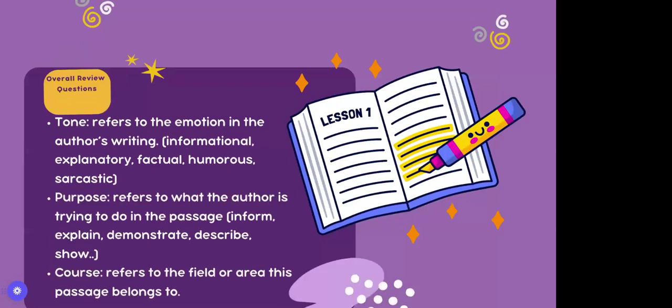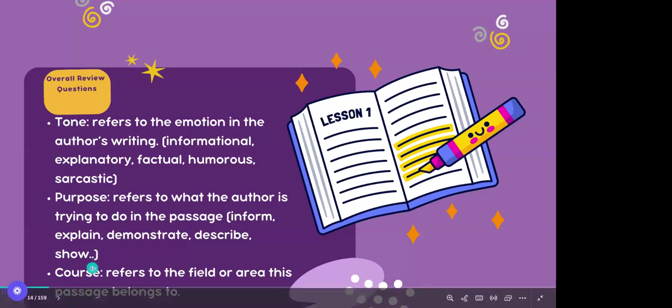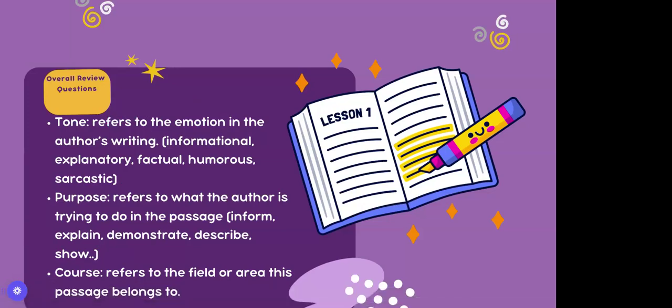Now, another type of overall question can ask you to identify the tone, the purpose, or the course of the text. Now, the tone refers to the emotion in the author's writing. Usually in TOEFL readings, the texts are academic or related to a professional field.